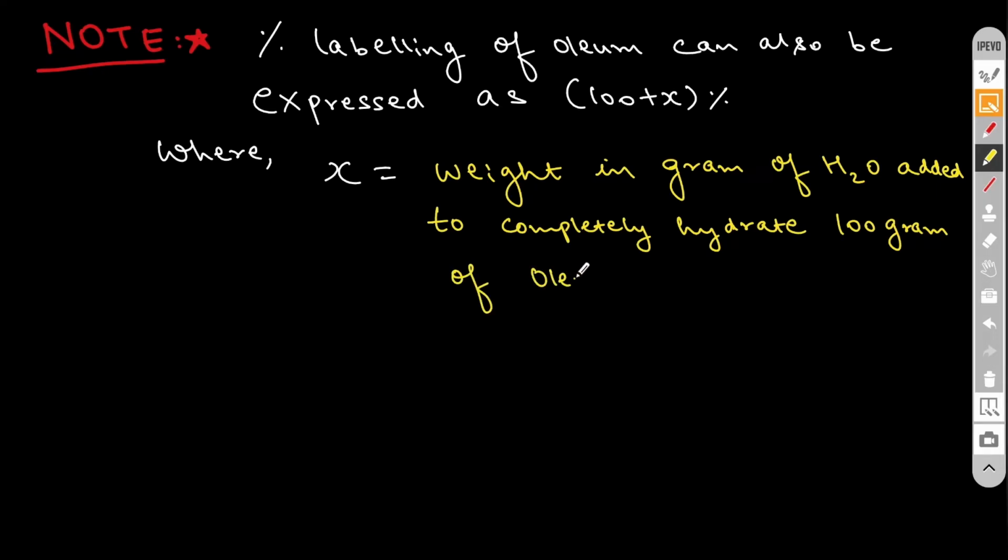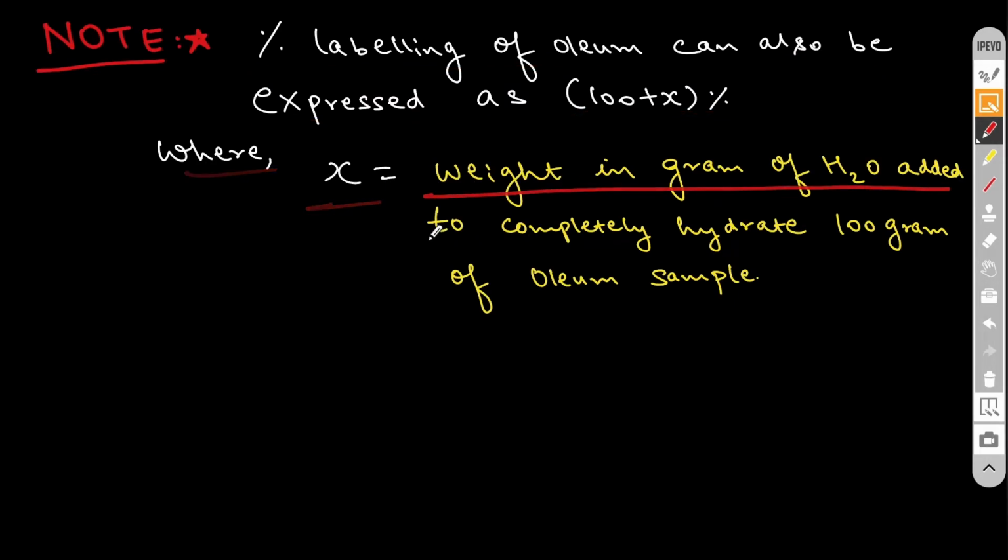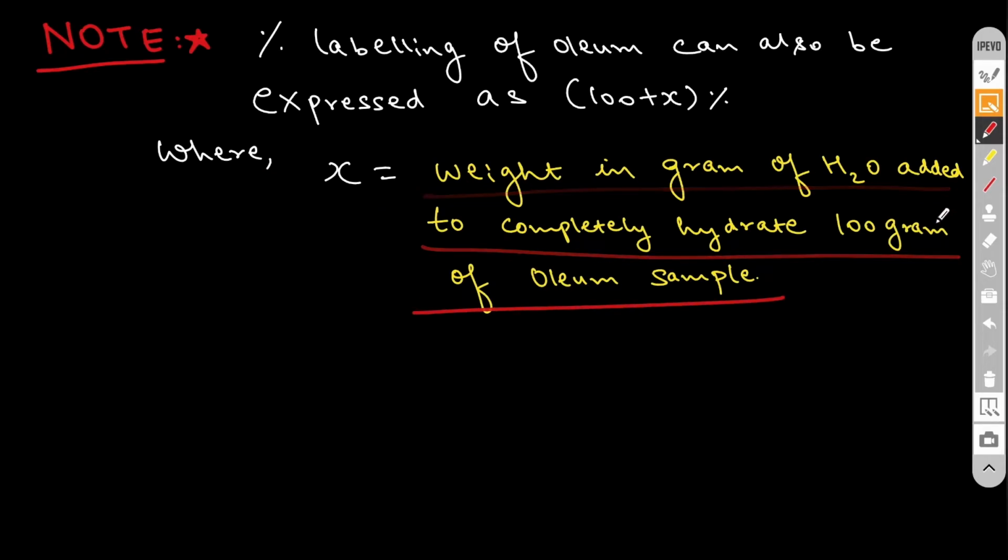So X is basically the weight in gram of water added to completely hydrate 100 gram oleum sample. So if such an expression is given, just remember what we mean by X, the simple term, right?